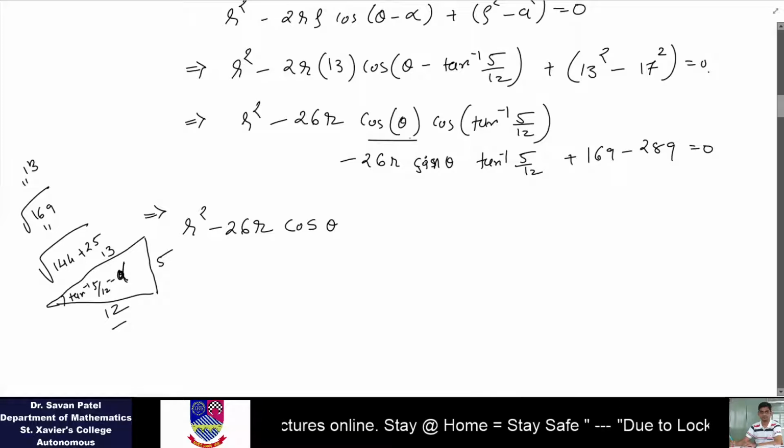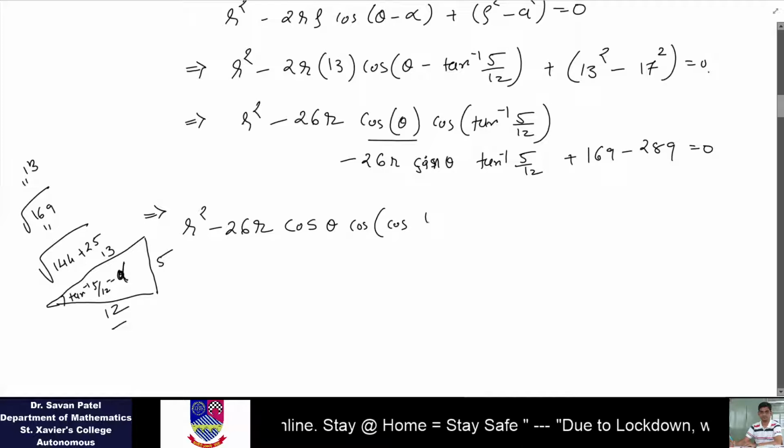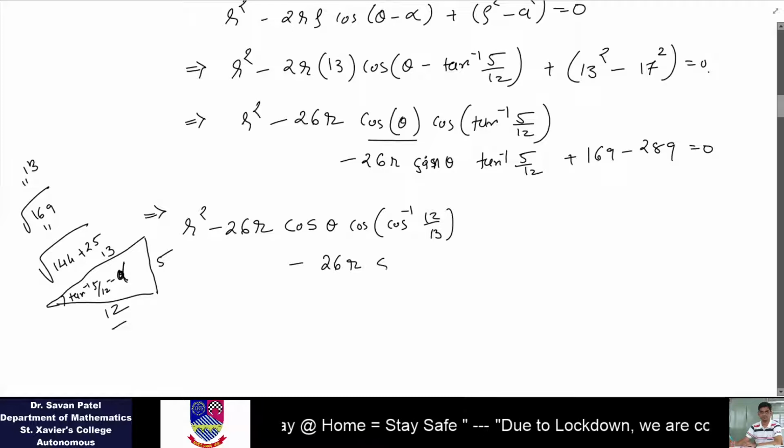So if you think about cos of alpha, that cos alpha is 12 by 13. So let me take here cos inverse 12 by 13, and here minus 26r sine theta.